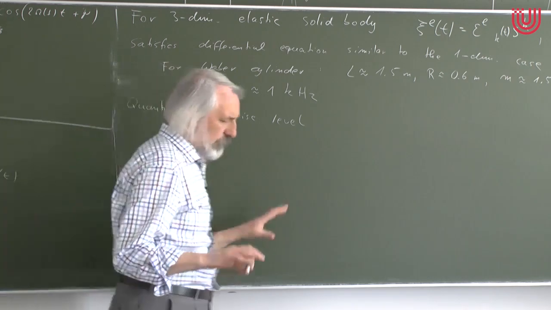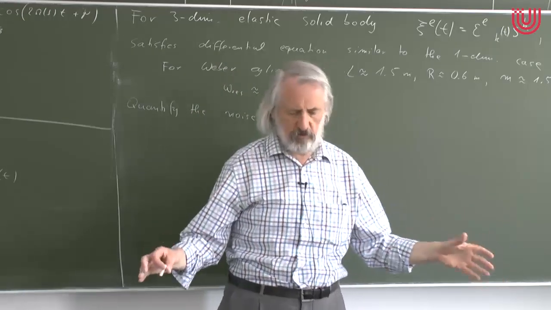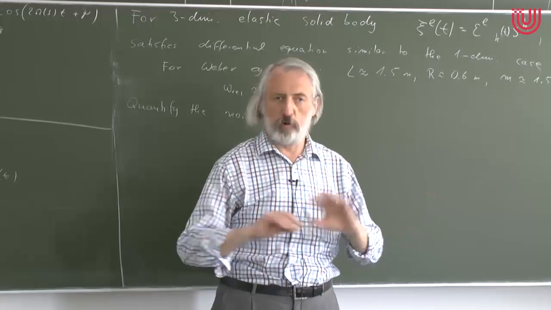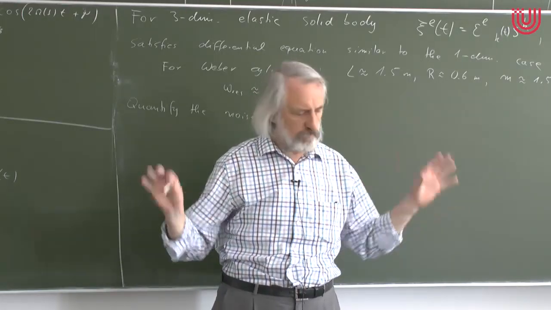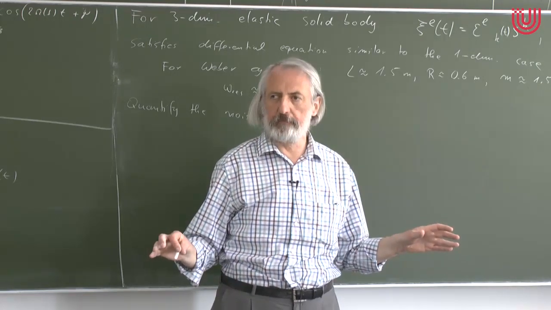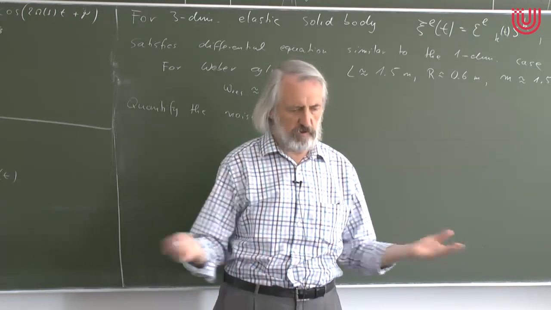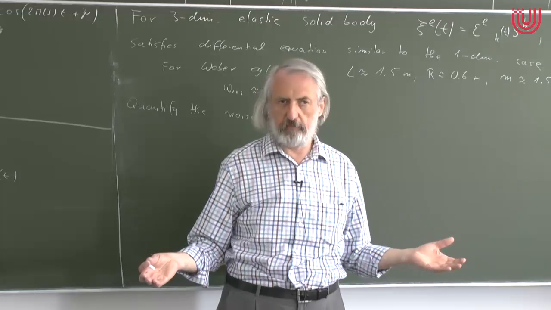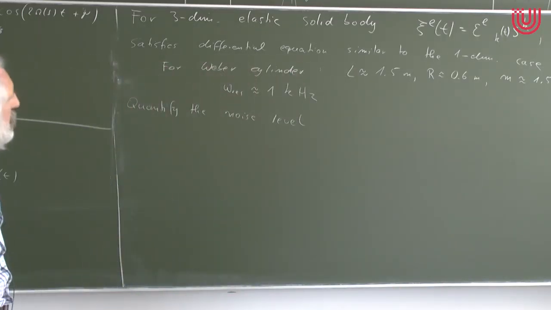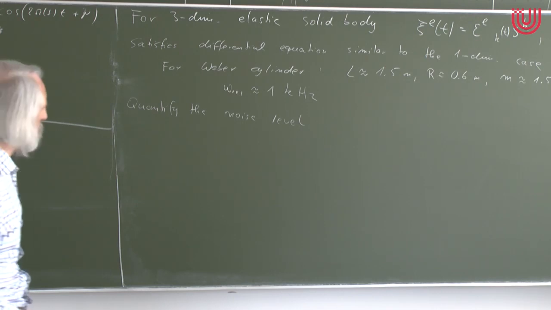If you assume you have your detector just under the influence of all kinds of noise, but no real signal coming in, no gravitational wave, then what kind of signal would you see? Well, you would see something which is random in a sense. How could you quantify this? The usual way is in terms of the autocorrelation function.